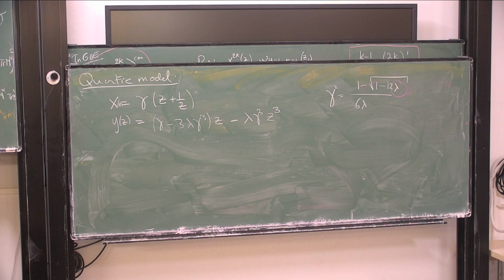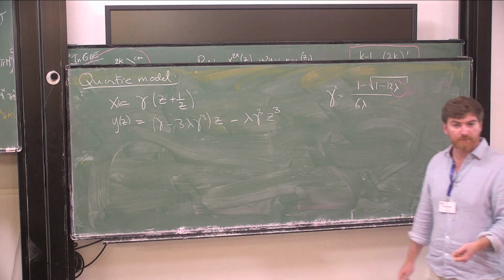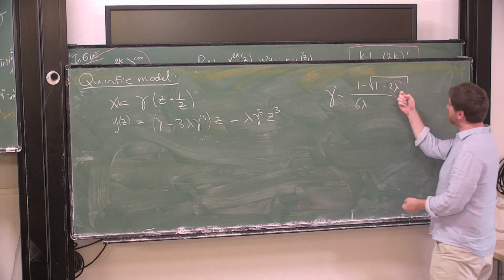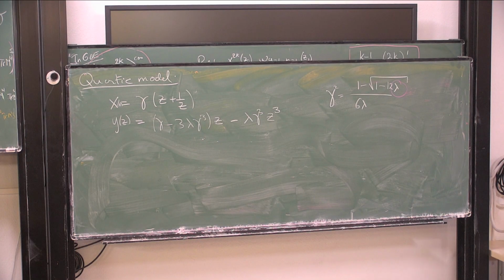And actually, here's a cute fact. Does something go wrong here when lambda takes some particular value? So you wrote gamma squared equals this? Yeah. Okay. So what happens when gamma hits 1 over 12?